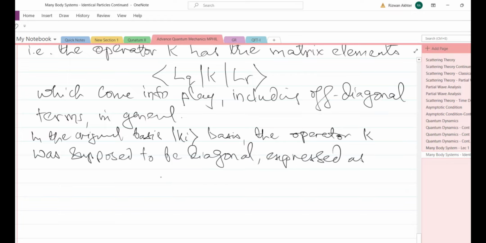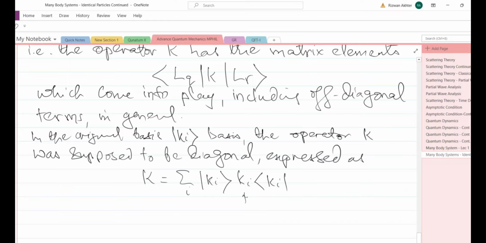Diagonal expressed as, कैसे लिखा था, K which is equal to sum over i, Ki and Ki. So this ket-bra notation जो है वो बुनियादी तौर पर projection operator को represent करता है. And you should remember that this is basically an operator.